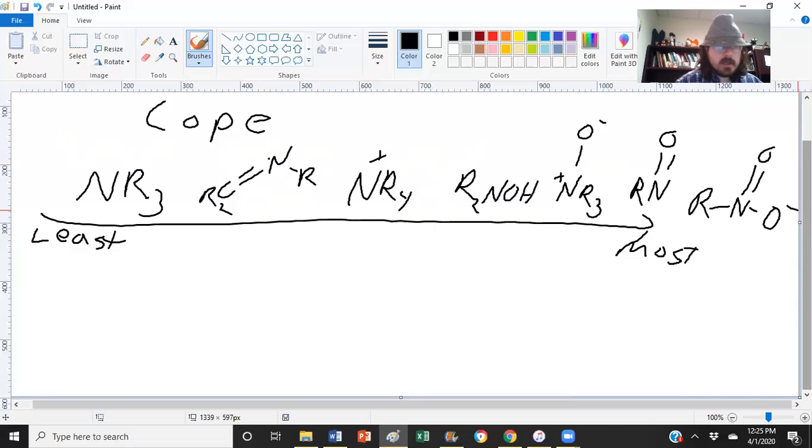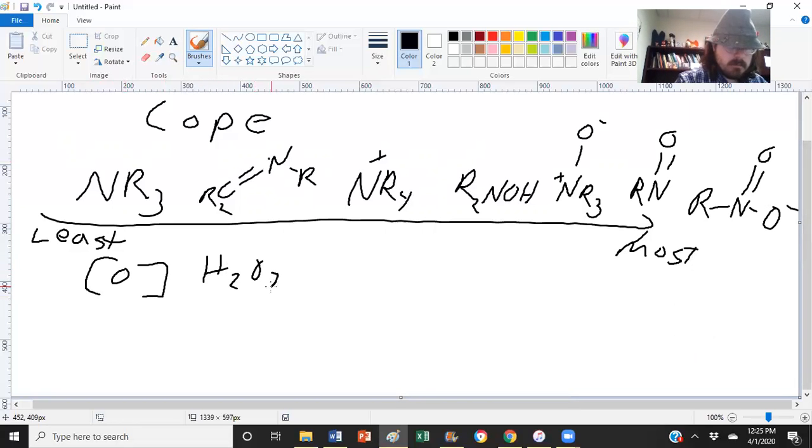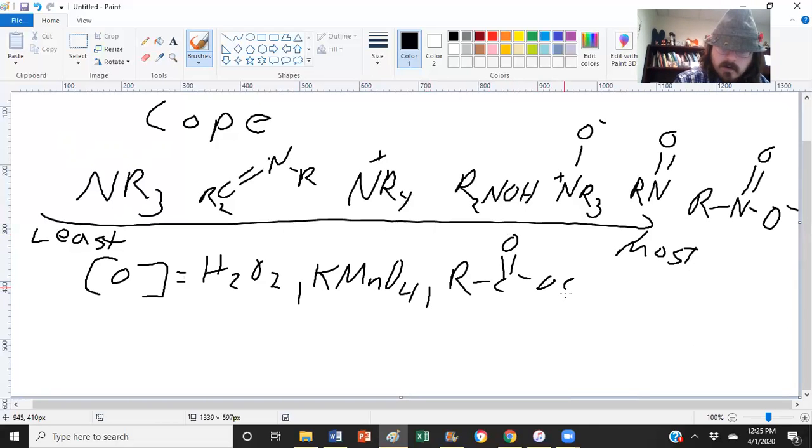Now we can undergo these oxidations through many different methods. The most common one is peroxide. But we could also use permanganate. That's another common oxidant. We've seen these before. And of course, some sort of peroxy acid is another. Don't forget this one. Don't think this is going to do some crazy stuff. The big part is the peroxide part.